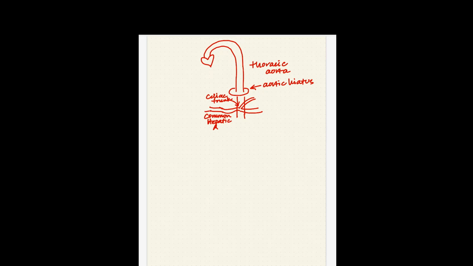And this artery is going to give off a few branches, one of which will be the right gastric artery. And it eventually becomes the hepatic proper artery. The hepatic proper artery is going to bifurcate into left and right hepatic arteries that are going to supply the liver with arterial blood.